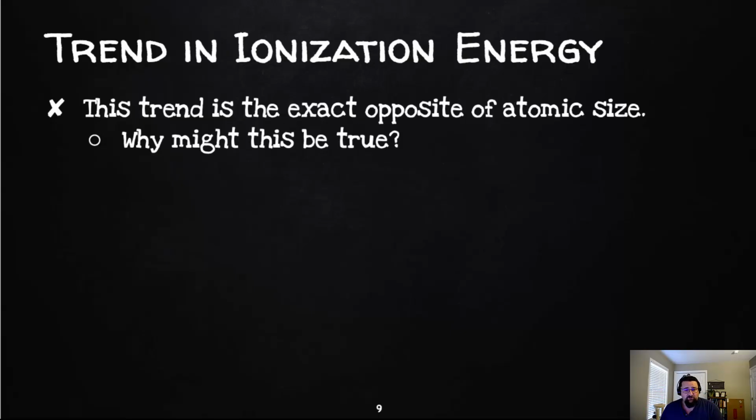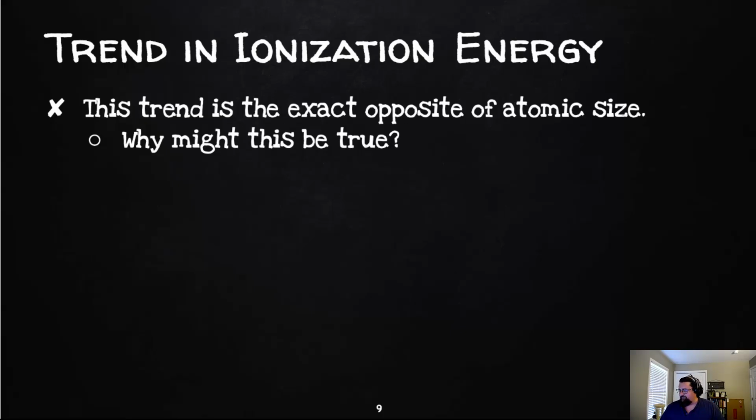That's Coulomb's law, right? That electron has the same charge, that nucleus has the same charge, but the further away it goes, the easier it is to pluck it off. That force of attraction is lower when that distance, that R, goes up.